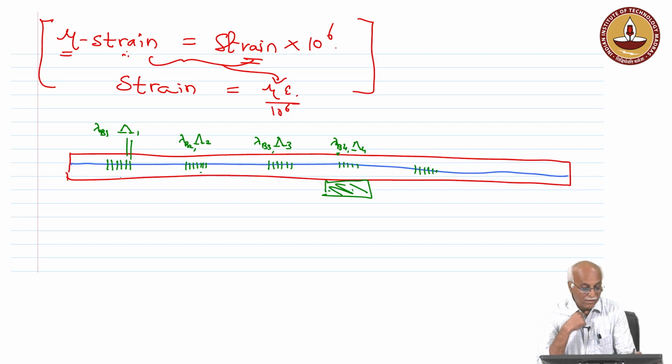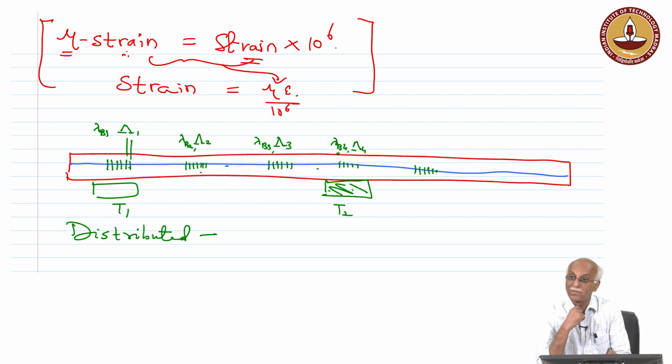So, indirectly I can capture temperature T1, I can capture temperature T2 over here somewhere else. So, this is a distributed Bragg grating structure. A distributed Bragg grating structure allows us to capture the information from various positions.